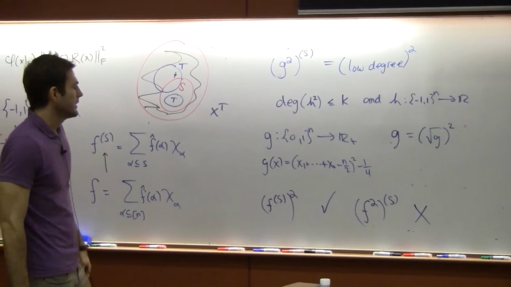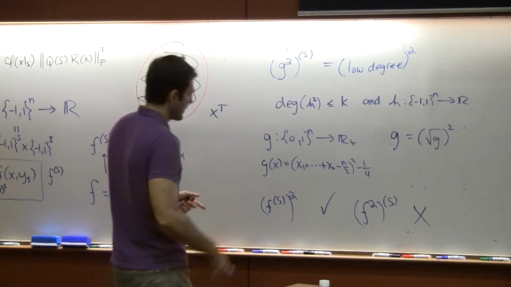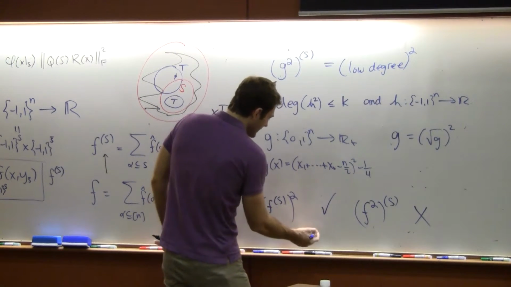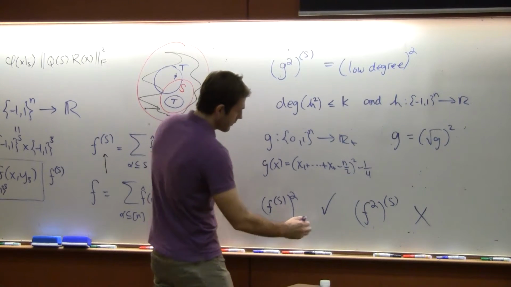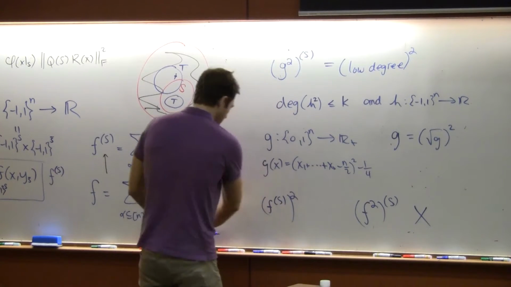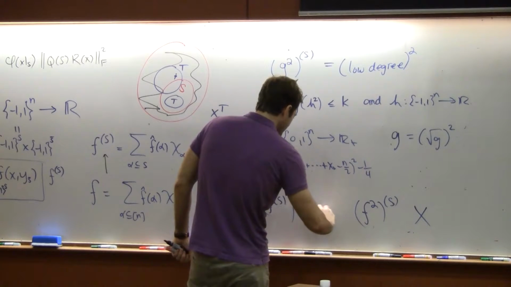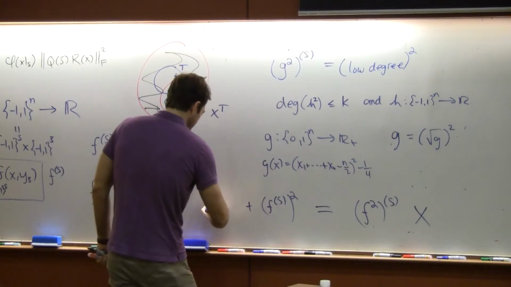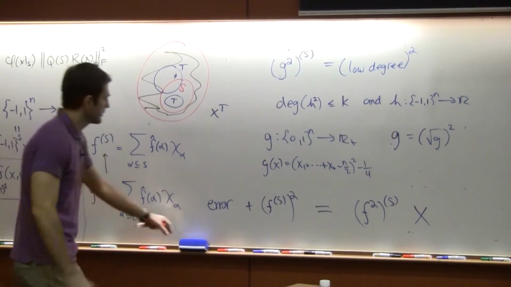Okay. So the main point of this lemma, which I talked long enough that we don't need to prove it, is that basically what you get as a result of this random restriction is that the restriction of f squared is basically this plus some error.